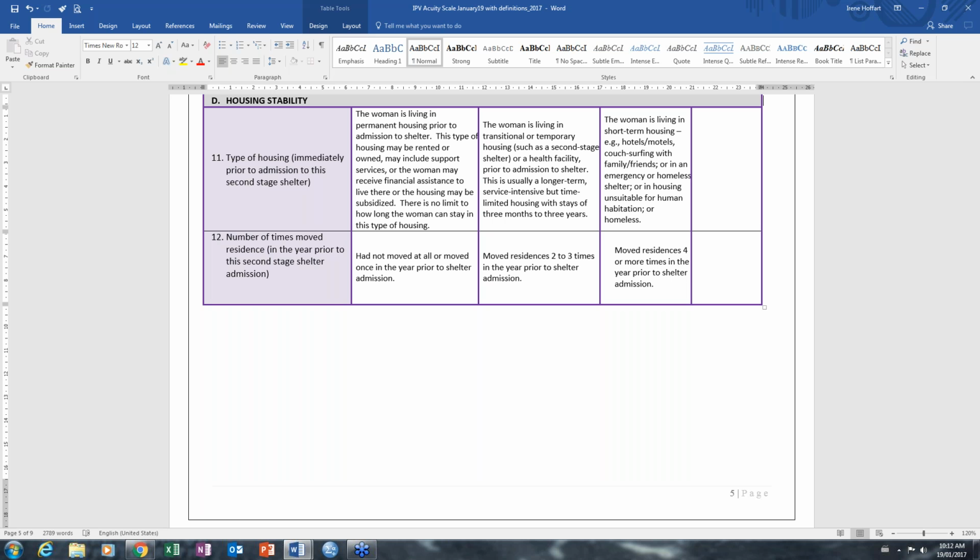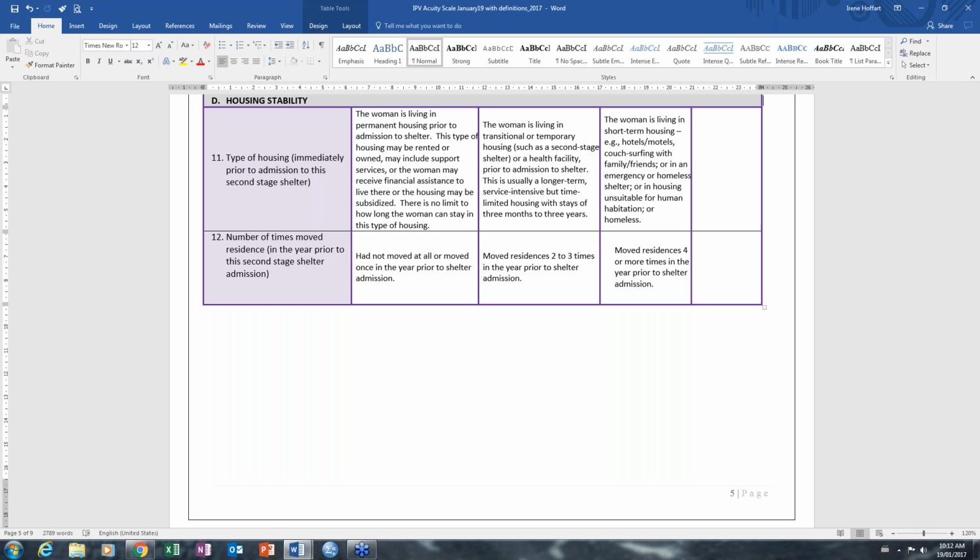So what we then do is we look back to January 1st of 2016 to see how many times she moved. Okay, so let's say she got into an emergency shelter in 2015, and she left there in, say, March of 2016 and went to live with her parents.